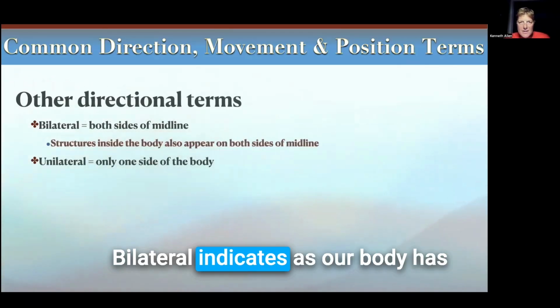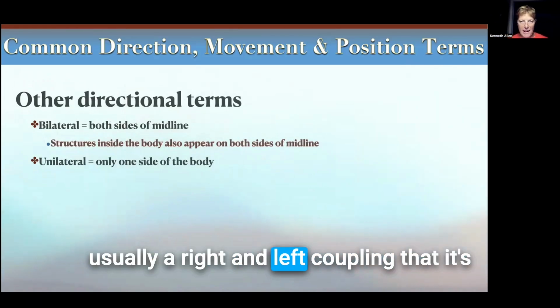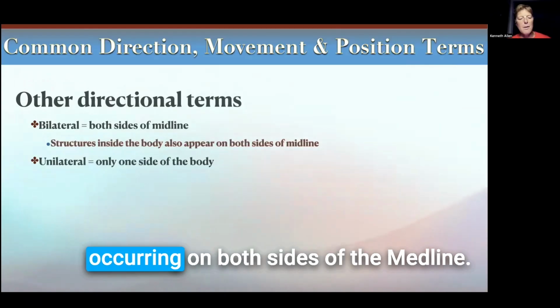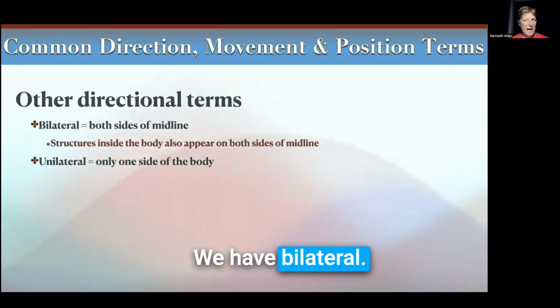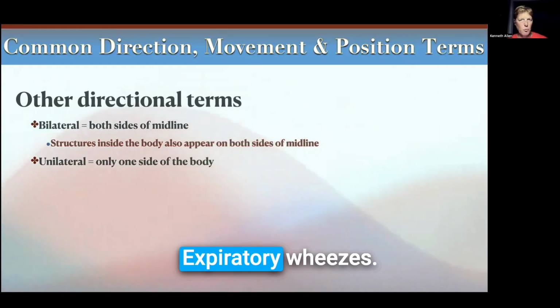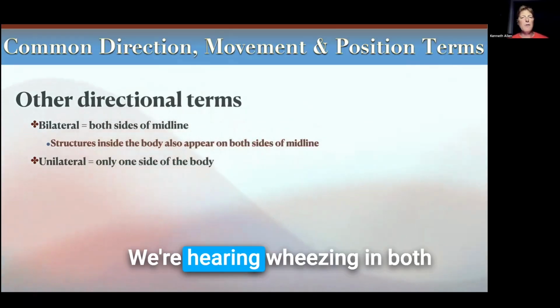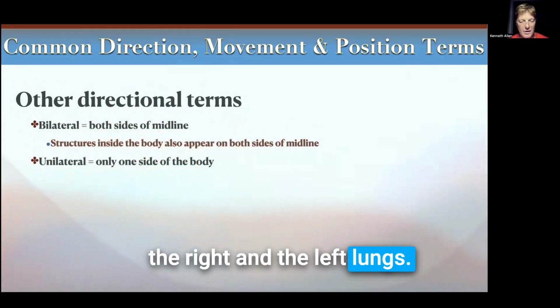Bilateral indicates, as our body has usually a right and left coupling, that it's occurring on both sides of the midline. We have bilateral expiratory wheezes. We're hearing wheezing in both the right and the left lungs.